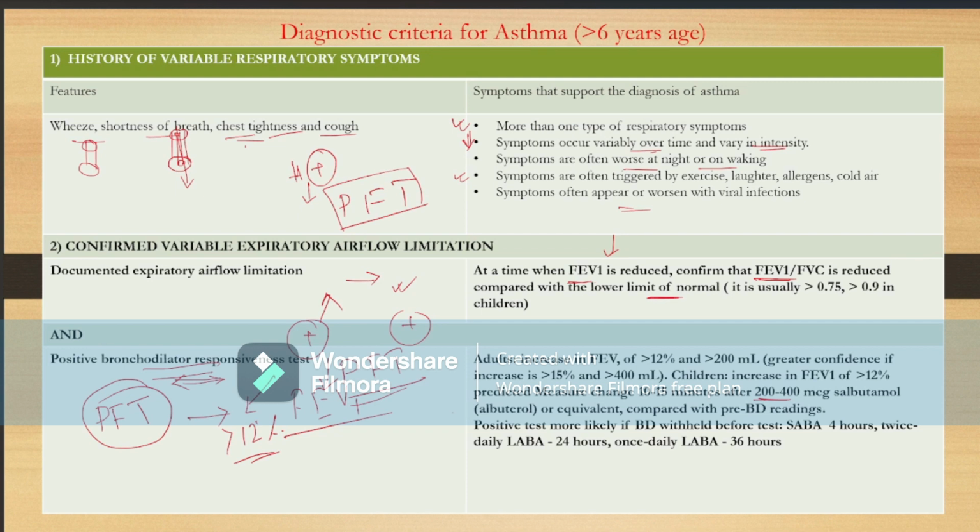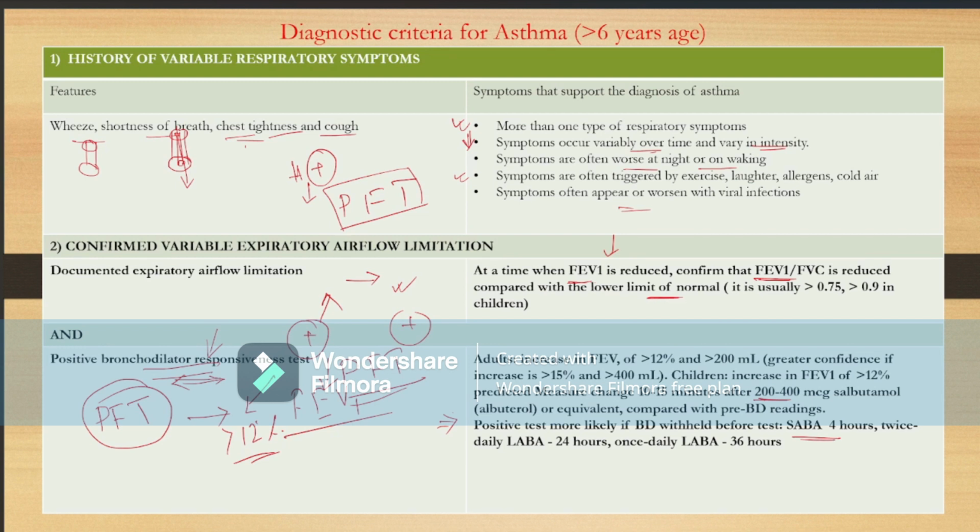So if any patient is already taking a short acting beta agonist or SABA, or if the patient is already taking LABA or ICS, then this procedure is changed to some extent. Before doing this bronchodilator responsiveness test, we have to tell the patient, if the patient is taking SABA, to stop taking SABA 4 hours before the test.